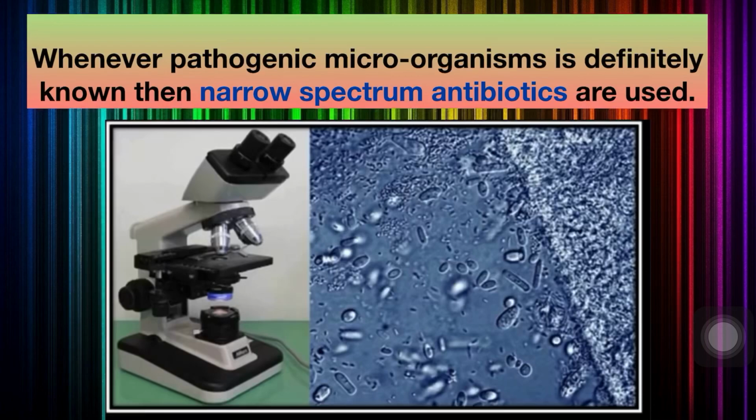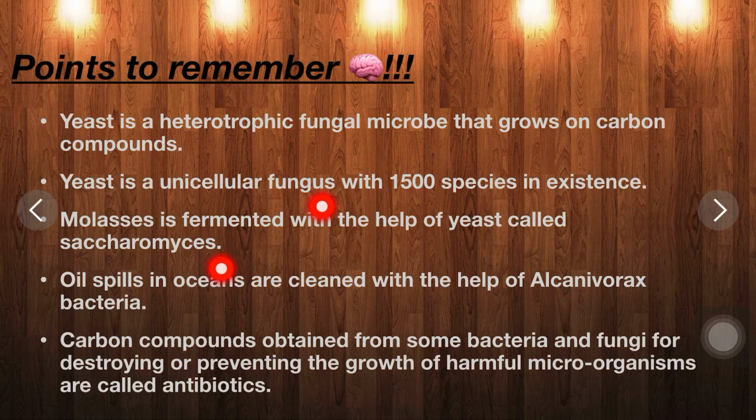So student, here are the points to remember which you learned in this entire module. Yeast is a heterotrophic fungal microbe that grows on carbon compounds. Yeast is a unicellular fungus with 1500 species in existence. Molasses is fermented with the help of yeast called Saccharomyces.